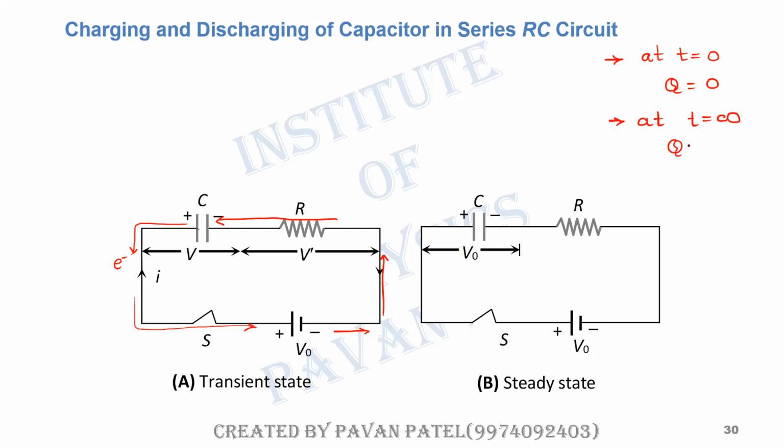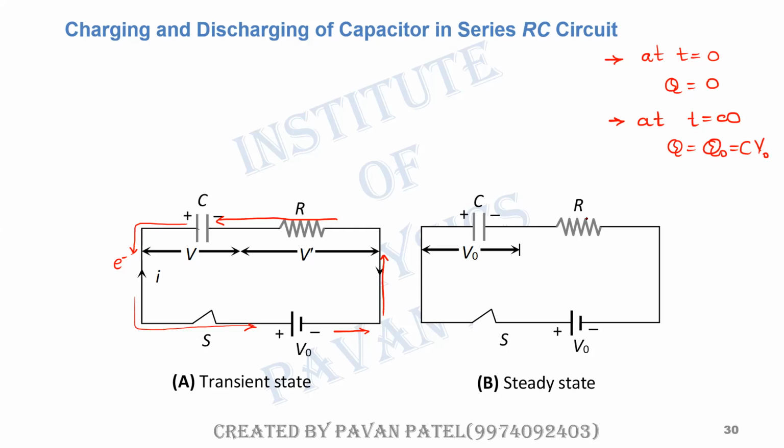So q will be q0. Q0 is the maximum charge on the capacitor, and q equals CV, so q0 will be CV0 at t equals infinite time. So charge will be increased.